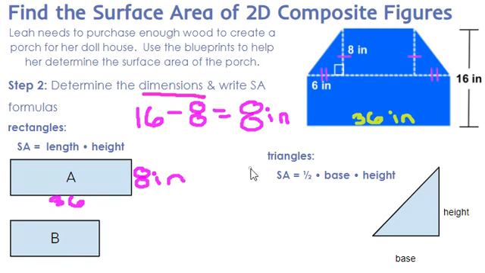So for our rectangle B, we have a height of 8 inches. Remember, the height of the triangle and the height of the rectangle are the same. And we have a length, but we don't know what that length is. We do know that the entire length of this is 36 inches.